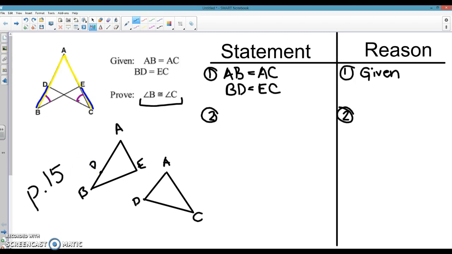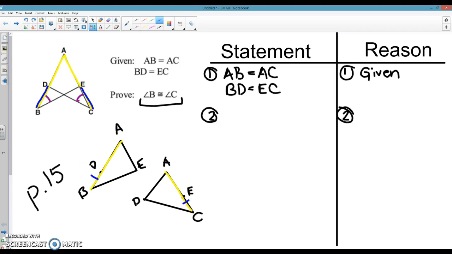I'm going to mark the point over here where E lies. Because remember, they told us that these whole segments are equal in measure. And they also told us that these little portions are equal in measure.